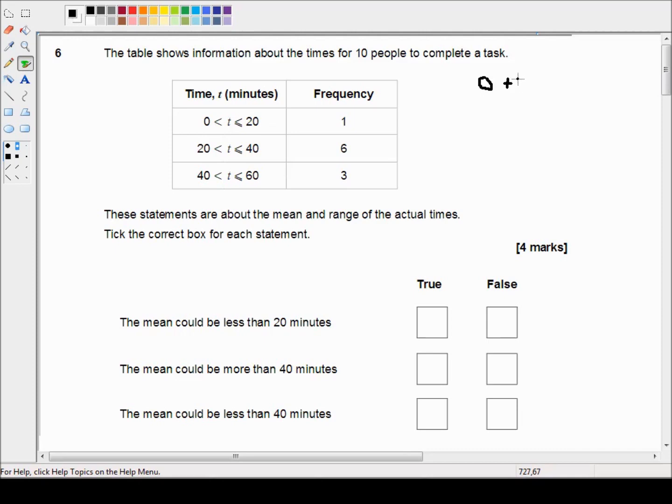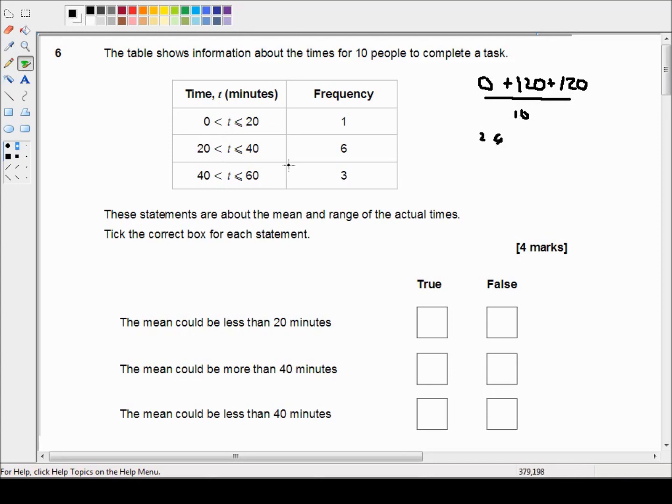So that's 20 times 6 is 120, plus 3 times 40, which is 120. And then divide by 10. So that's 240 over 10, which is 24 minutes.